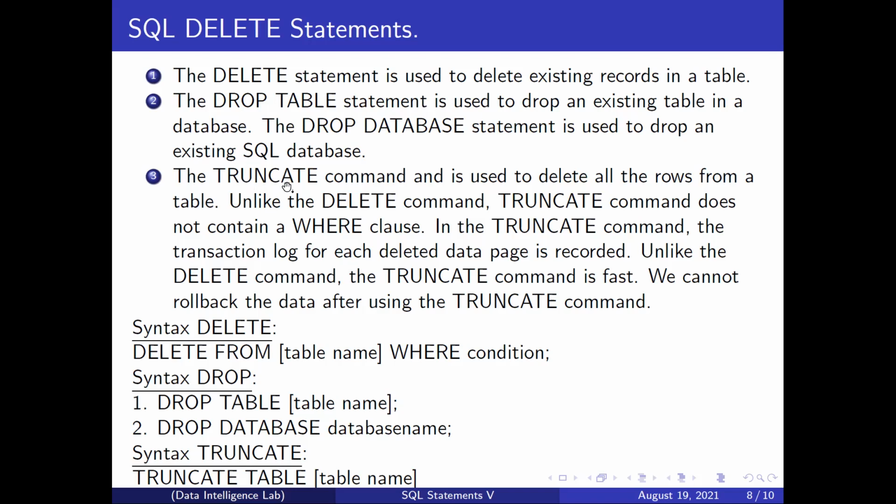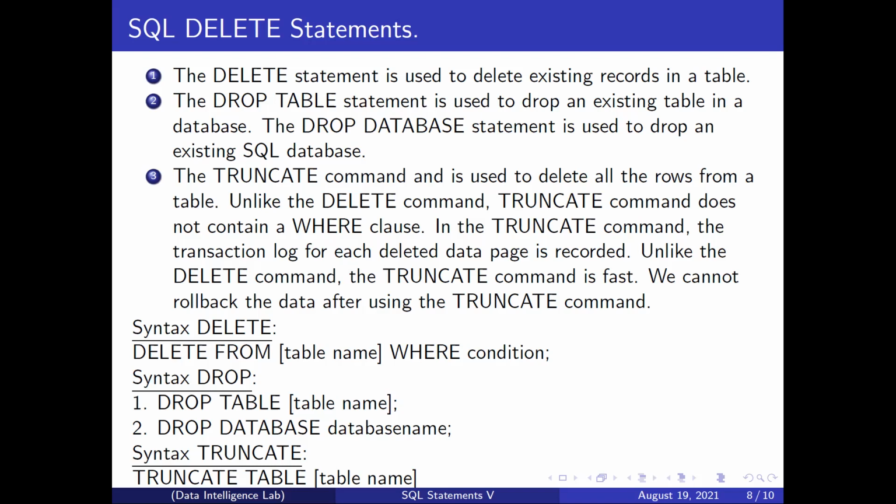Then you have the truncate command. The truncate command and delete command are used to do the same thing, to delete all the rows from a table, but the truncate command is faster, and the truncate command keeps a log. It will write the action into your log table, right?